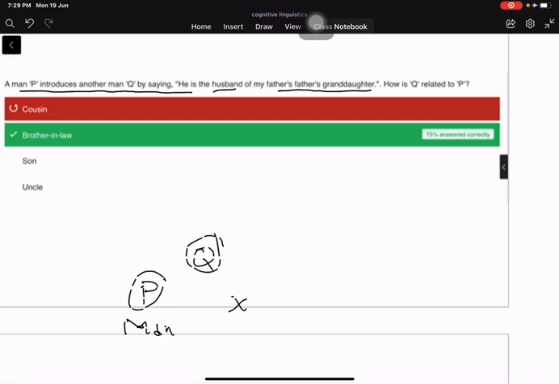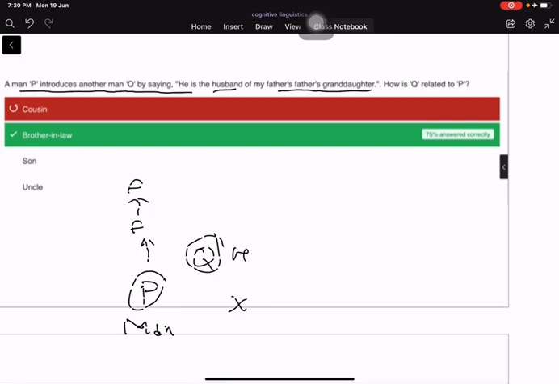Father's granddaughter, which means he is a husband and his father's father. So he had a father who also had a father, right?